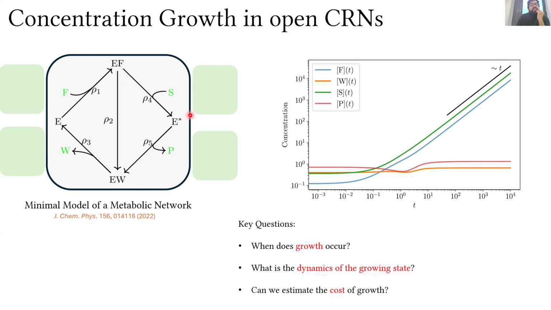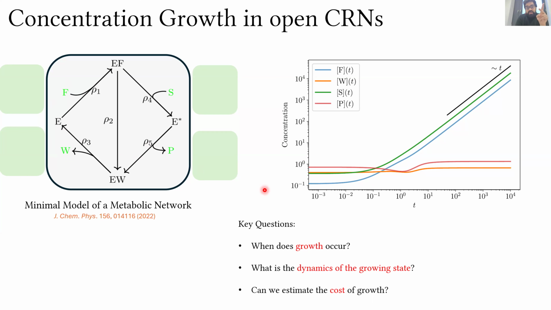The reaction network that Francisco was studying had F, S, W, and P being exchanged with reservoirs. I will describe in more detail how this exchange happens later. But for the moment, it's enough to say that when you open this network, he saw two regimes of behavior. In the first, you reach fixed points, which we call non-equilibrium steady states.